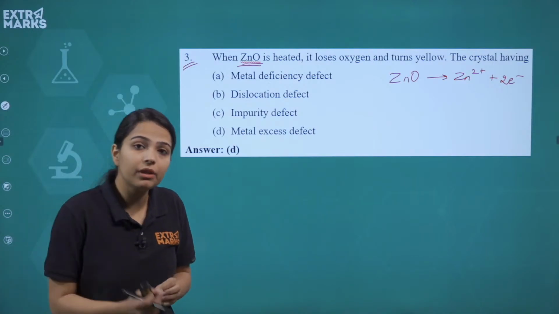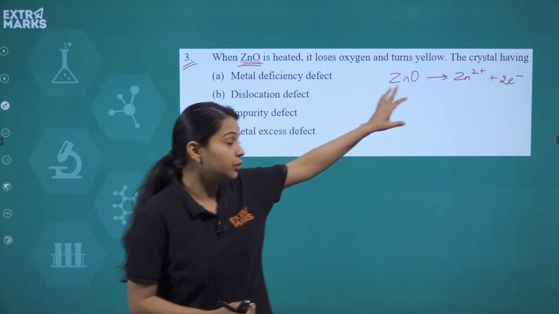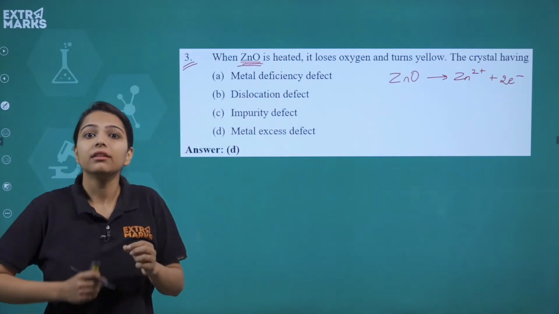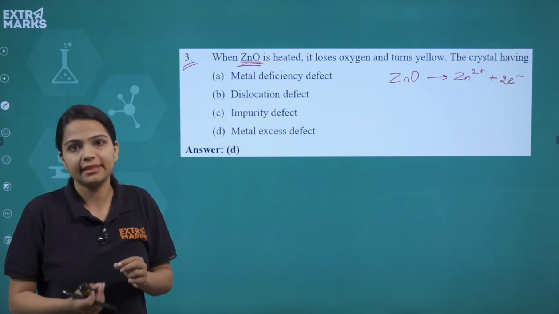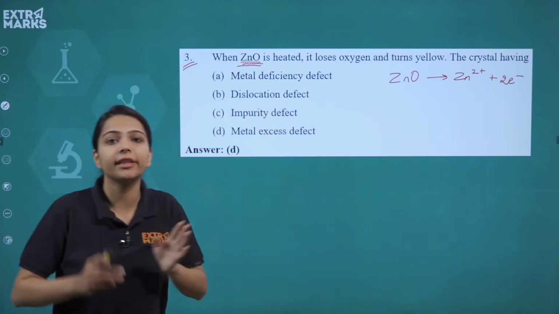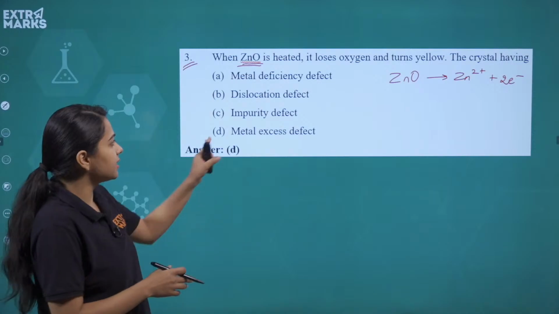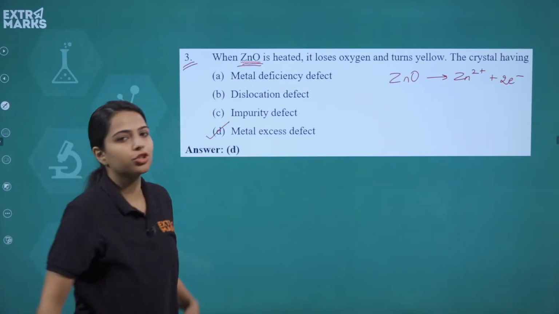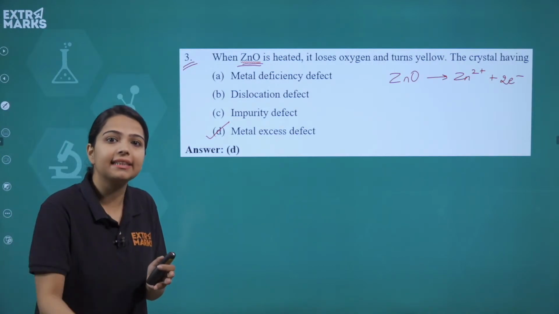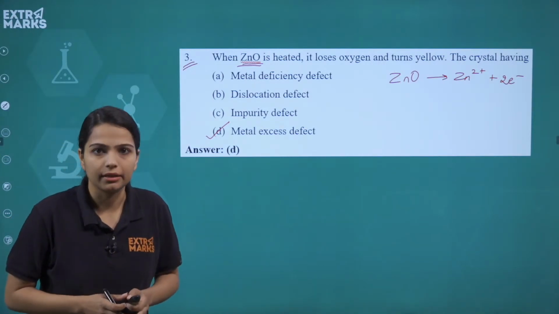So now we can say that the number of metal atoms are in excess in that particular crystal structure, because zinc ions are also added in the interstitial site from outside. So over here the answer is going to be metal excess defect, option D. This is a metal excess defect. In this case, metal is present in excess amount as compared to the anions.